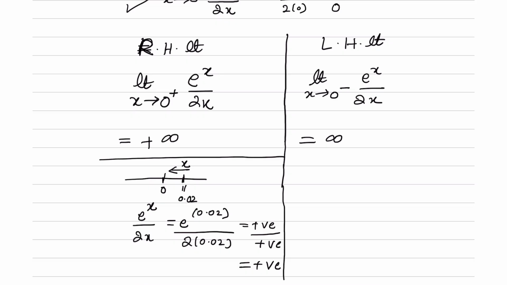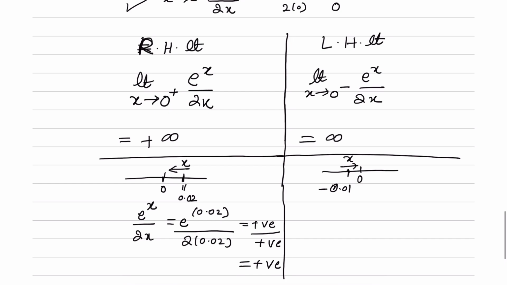Now for the left hand limit, we have to decide only the sign of infinity. So in this case, x is approaching to 0 from the left of 0. Pick some number here, minus 0.01. If we pick this x, we have to decide the sign of e power x over 2x, where x is minus 0.01: e power minus 0.01 divided by 2 into minus 0.01.